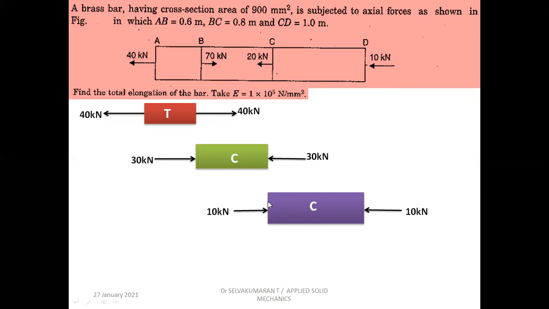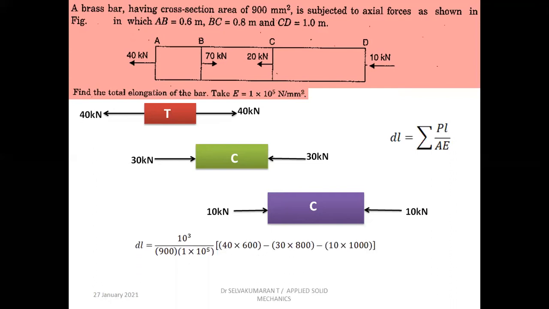Okay, so now how to find the delta L? Delta L is nothing but summation of PL by AE. Here everything is given in kilonewton, and I have converted to Newton by taking 10 power 3. A is nothing but the area, and throughout the area is constant. E is also constant.